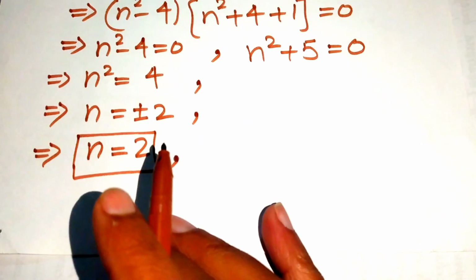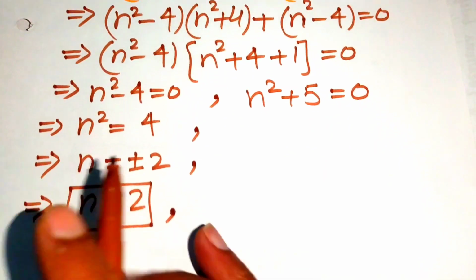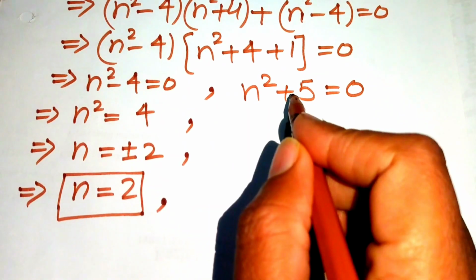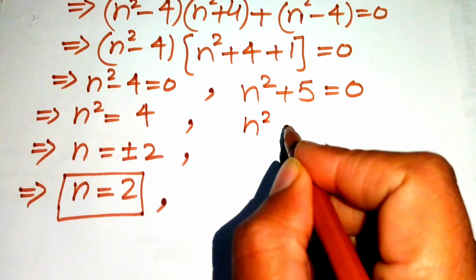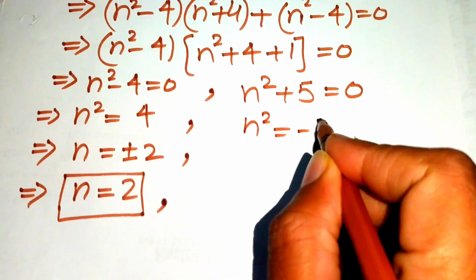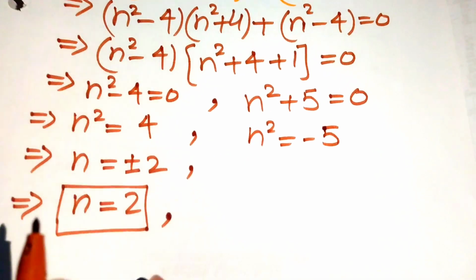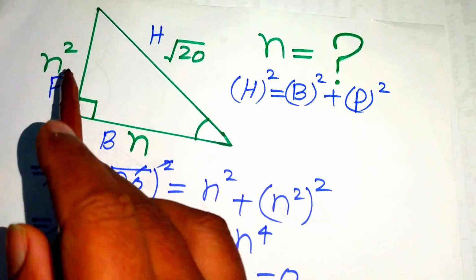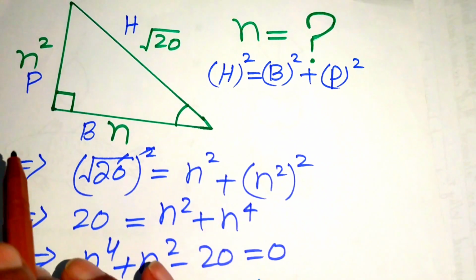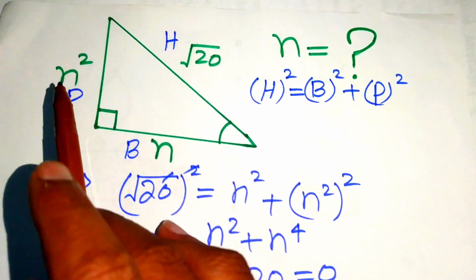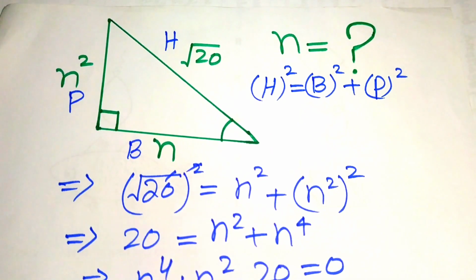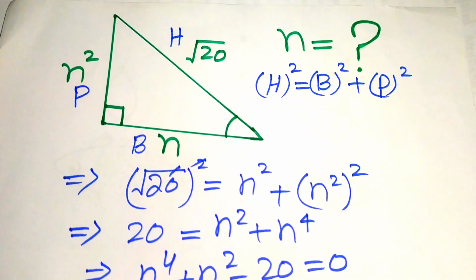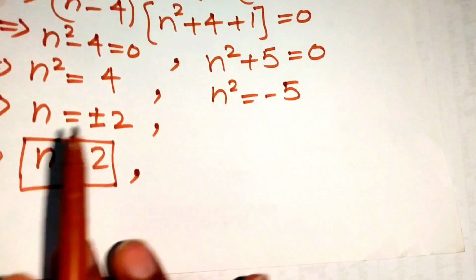Now we move towards the second case, in which we move this plus 5 to the right hand side, and we have n square equals minus 5. But again, n square is the perpendicular of this right triangle, so n square is also a length and cannot be negative.